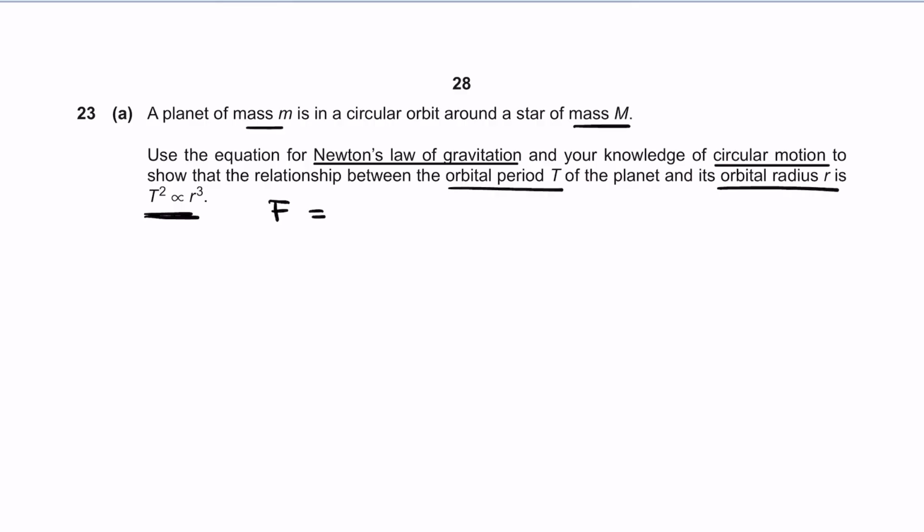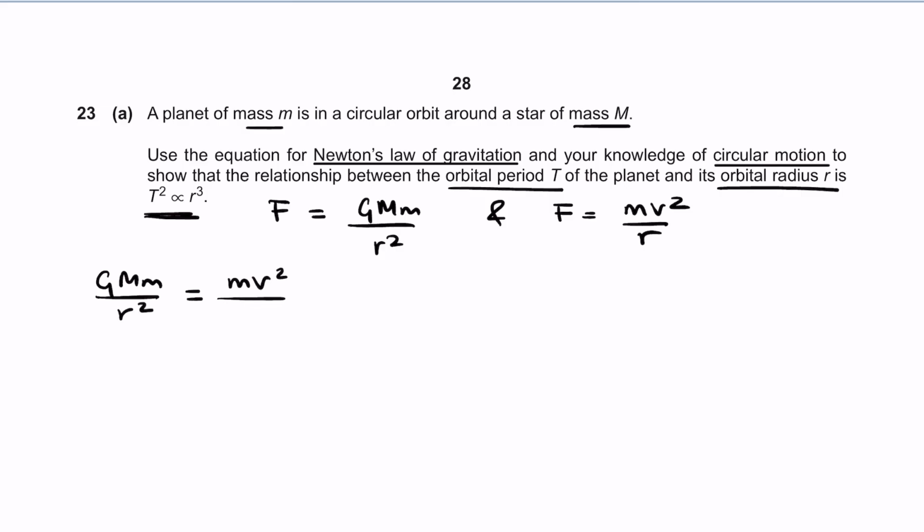where if we start off with Newton's law of gravitation, which is GMm over r squared, and circular motion, the centripetal force is mv squared over r. To keep an object or a planet in motion, we need to make sure that these two forces are equal to one another, which means that GMm over r squared is equal to mv squared over r.